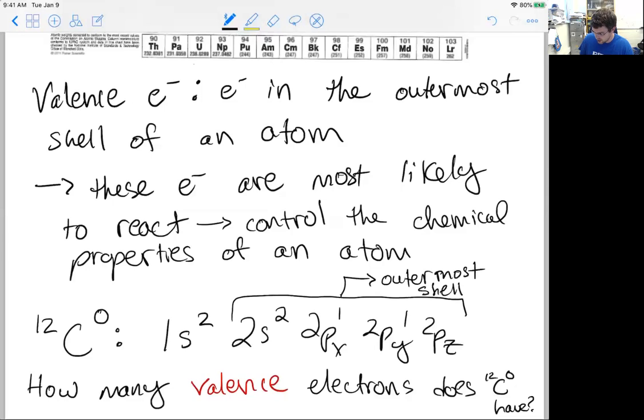We have 2 in the 2s, 1 in the 2px, 1 in the 2py, for a grand total of 4 valence electrons. 4 valence electrons, okay? That gets highlighted. That is something that we need to be able to do, to go from an electron configuration to determining the number of valence electrons.